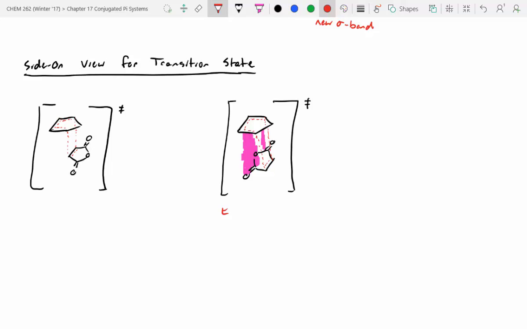This is electronically stabilized. When your electron withdrawing group is underneath, you are dying.